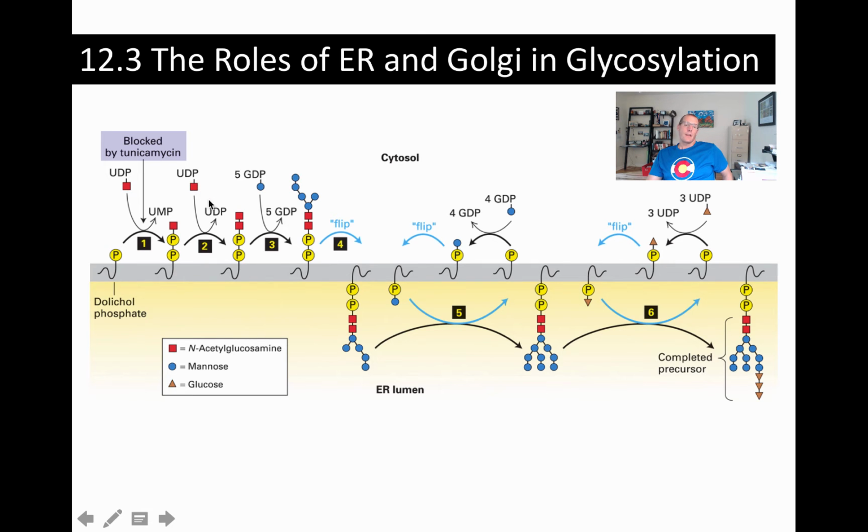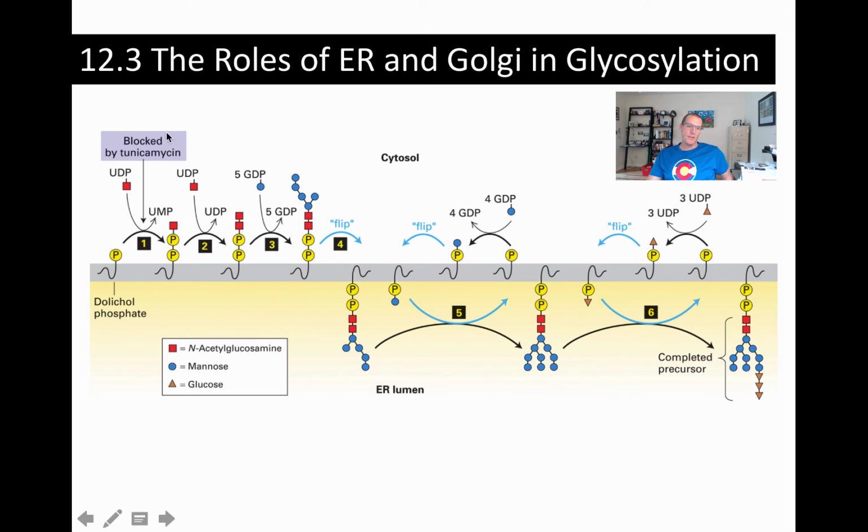Then we're going to take another activated N-acetylglucosamine and add that, but we're not going to take off a phosphate from the UDP, so we're just going to take the N-acetylglucosamine. Then we can add on any number of mannoses, for example. And at that point, once we've built this base oligosaccharide, we're going to flip the whole structure across the ER membrane, sorry, into the lumen.